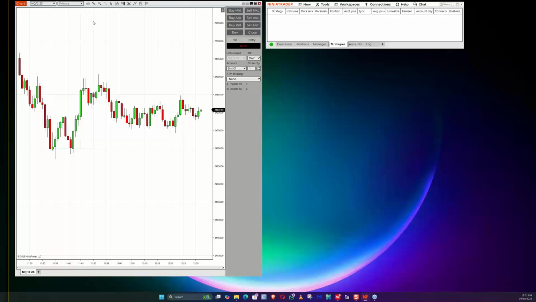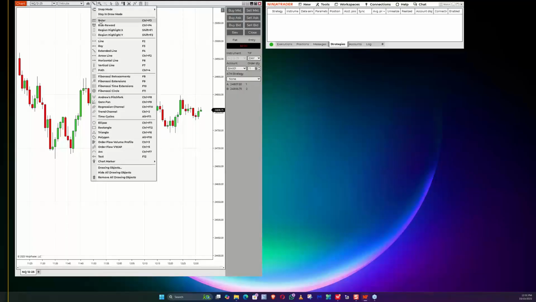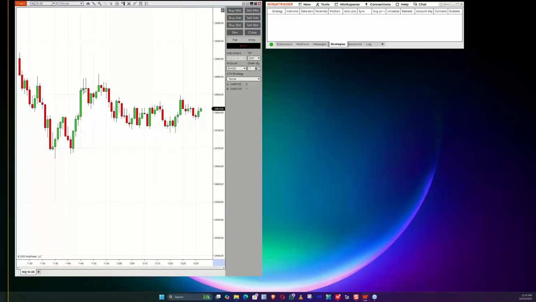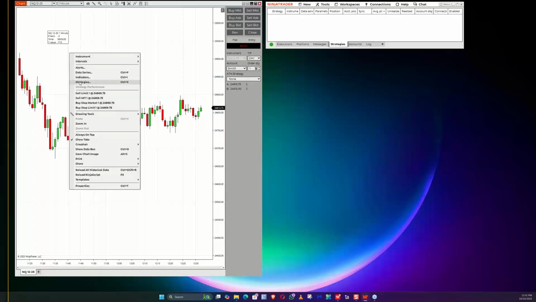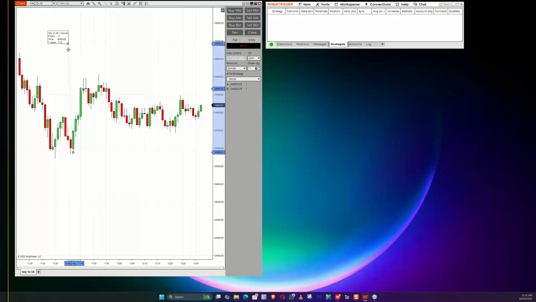And one of my most favorite tools at the top is actually the drawing tool. The drawing tool and the ruler allows me to check spikes and see, for instance, how much did that market spike on that news and was it tradable? That's how we study the events and figure out how big our brackets should be by studying spikes. It's a great tool.